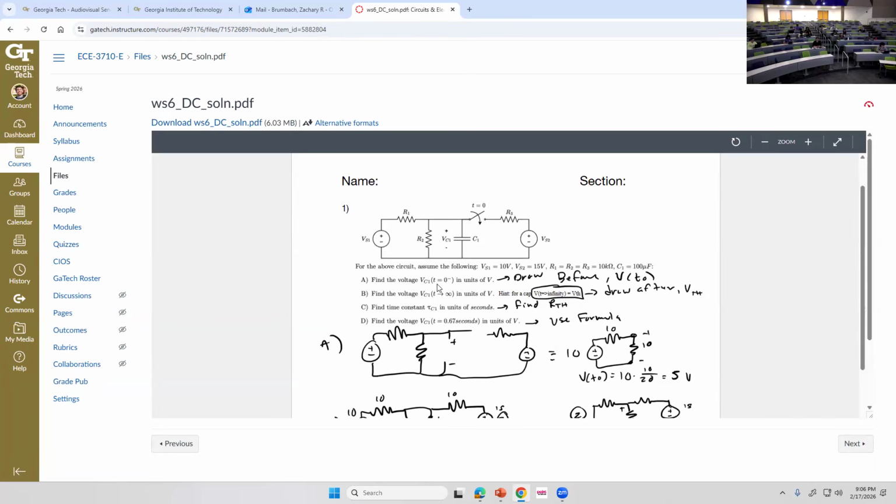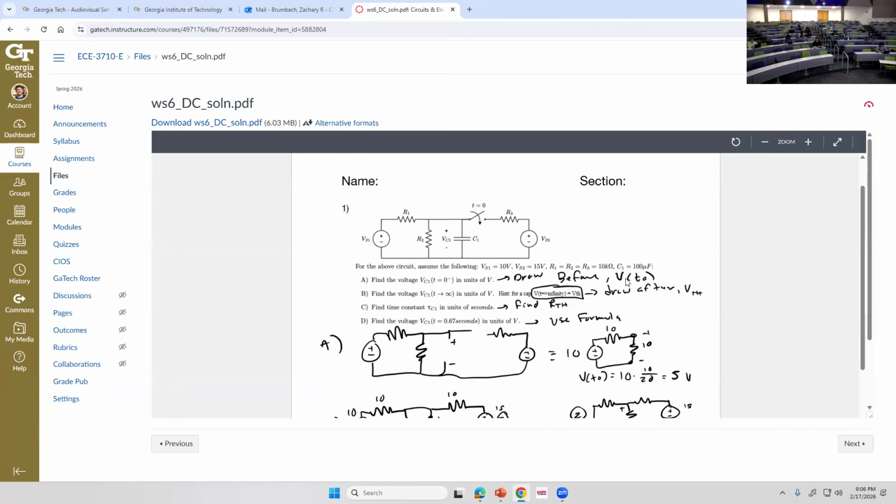When they ask to find the voltage at T0 from the left, this is finding your initial condition, V of T0. That's just the one extra step. So finding your voltage across this, which is actually V Thevenin at T0, so that's before the switch happens. At T equals infinity, we close this and we find our new V Thevenin, so my new voltage across this.